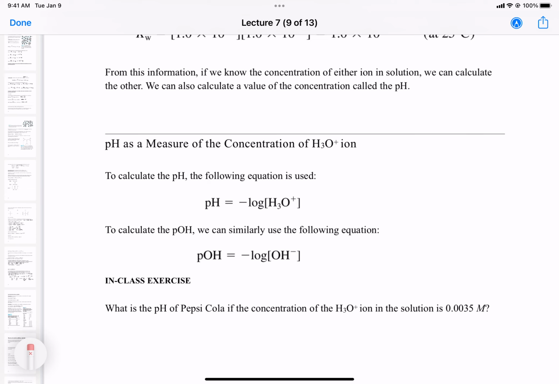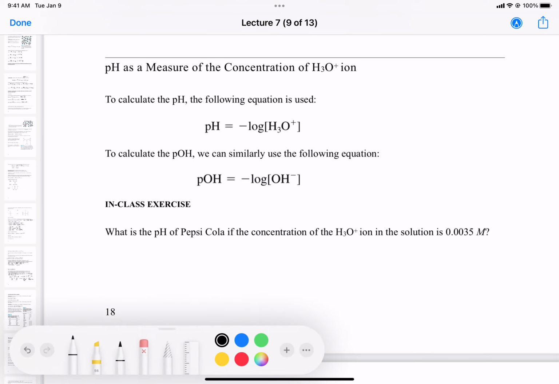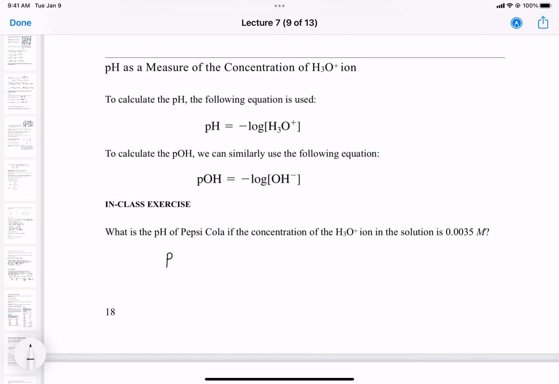Okay. So let's do an example. Using this equation, let's calculate the pH of Pepsi Cola, if the concentration of H3O plus is 0.0035 molar. Okay, so we're going to set up our equation here. We're going to say pH equals negative log [H3O+].